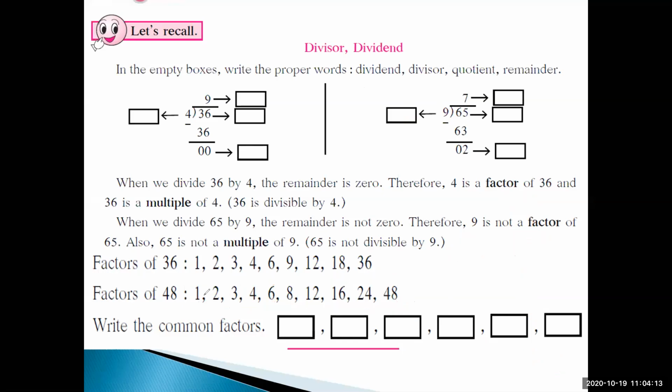Here the factors of 36 are 1, 2, 3, 4, 6, 9, 12, 18, 36. Factors of 48 are 1, 2, 3, 4, 6, 8, 12, 16, 24 and 48.